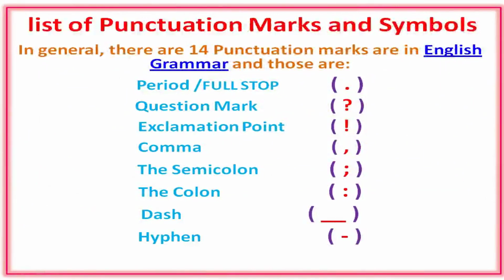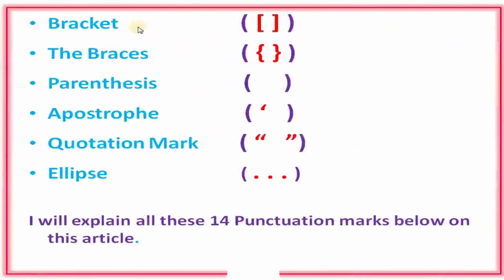List of punctuation marks and symbols. In general, there are 14 punctuation marks in English grammar. Those are as follows: period or full stop, question mark, exclamation mark or point, comma, semicolon, colon, dash, hyphen, bracket, braces, parenthesis, apostrophe, quotation mark, ellipsis.